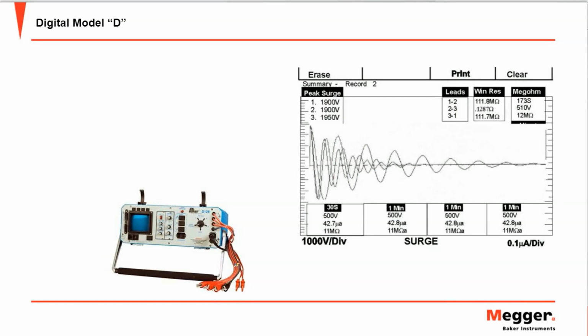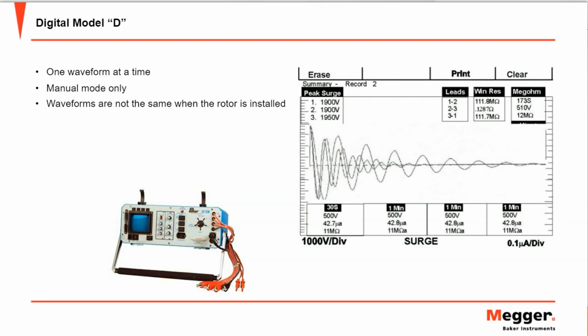Now we will talk about the digital model D series. So now we are having only one waveform at a time, so we didn't have to write two waveforms, only one at a time. Manual mode only, so the waveforms are not the same when the rotor is stalled.